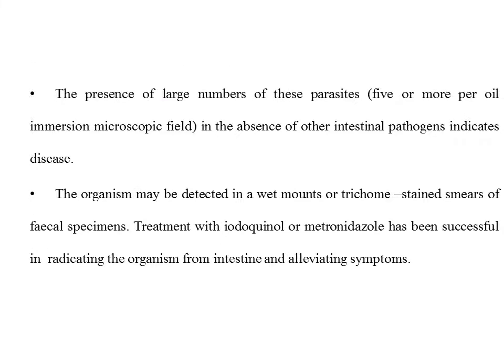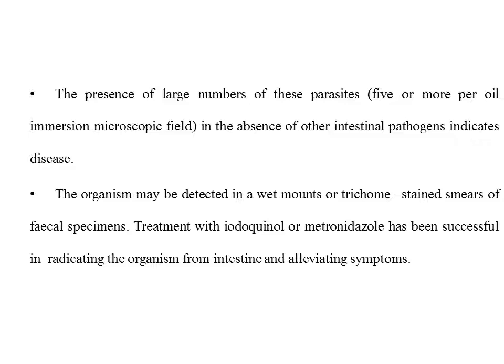Now, indeed, the presence of such large numbers of these parasites, Blastocystis hominis, 5 or more per oil immersion microscopic field, and the absence of other intestinal pathogens indicate the disease.